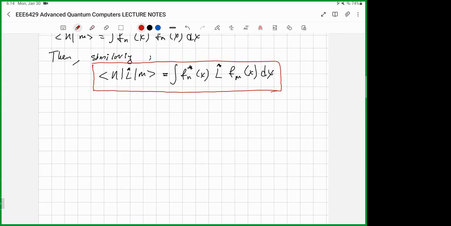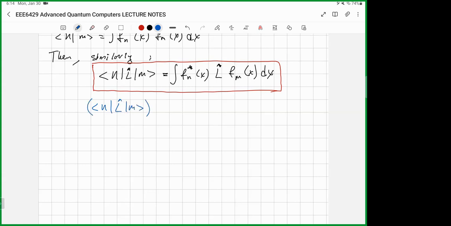And accordingly, I can write this for the Hermitian conjugation. Let's take the Hermitian conjugation, this dagger, of this matrix element n, L, m.